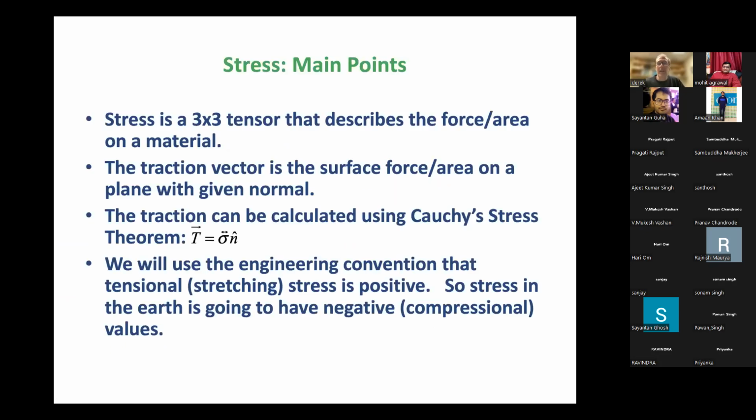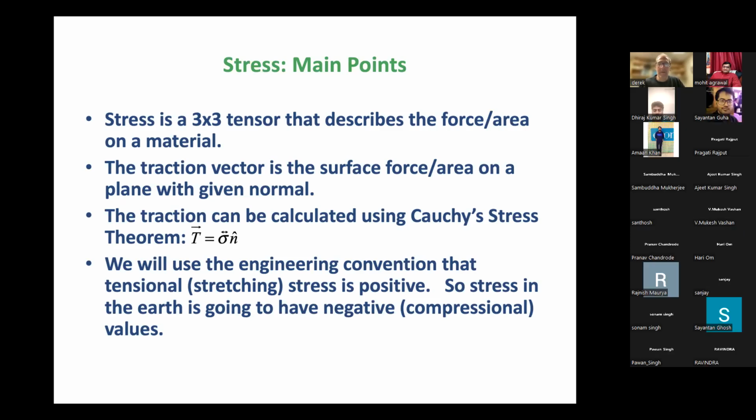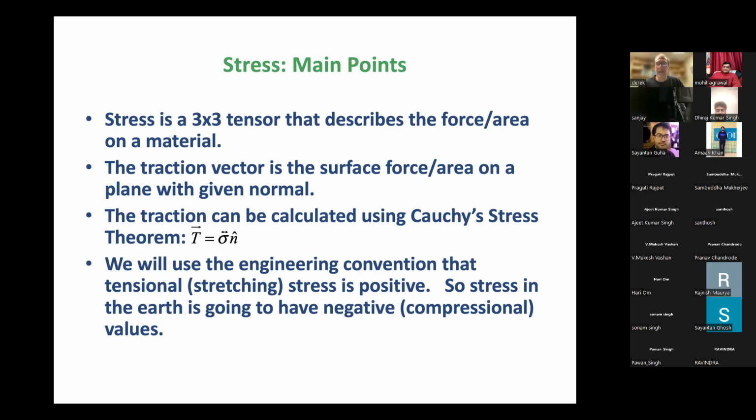So we started out with stress, and I noted stress is a 3x3 tensor that describes the force per unit area on a material. The traction vector is the surface force per unit area on a plane with a given normal. And if I take the three planes that are perpendicular to each other, I can get the stress tensor from the traction vectors.